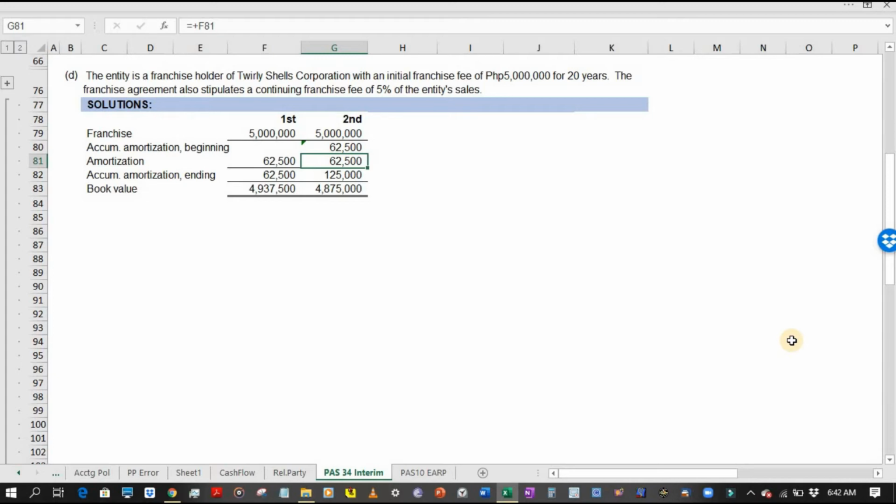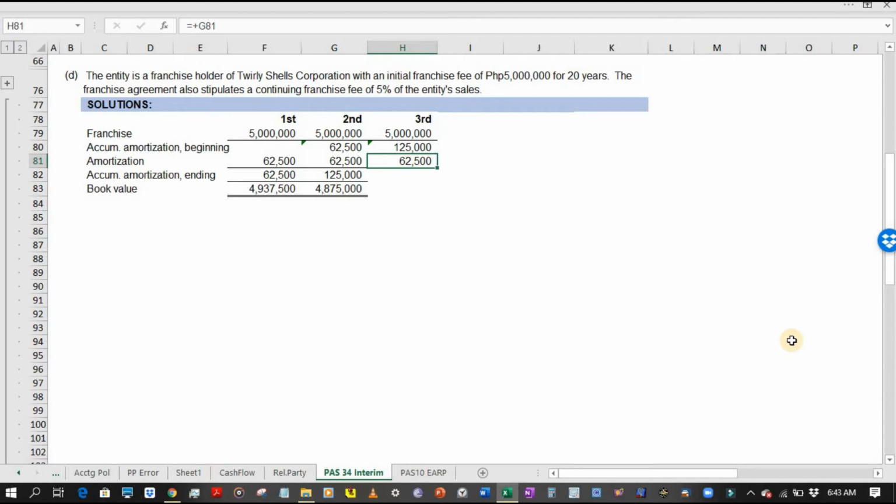Then let us proceed to the third quarter. So the franchise again is 5 million. This time the beginning balance of the accumulated amortization is 125,000 pesos, and that is the ending balance as of the second quarter. And since the third quarter also covers 3 months, that will also be 62,500 pesos.